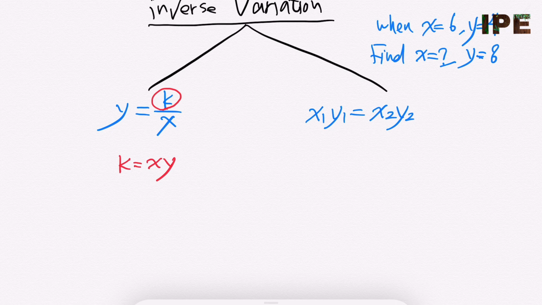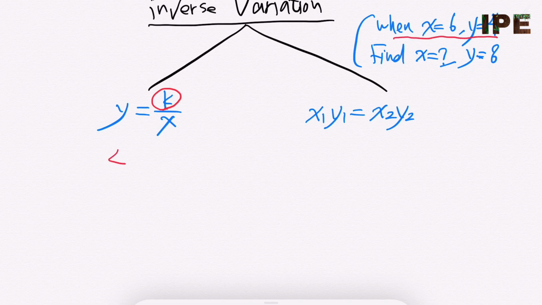Okay, it is a very easy problem, right? Because they have an inverse variation relation, you can use the inverse variation equation, which is y equals k over x. What was the first step? You have to put the given numbers x equals 6 and y equals 4 into this equation.